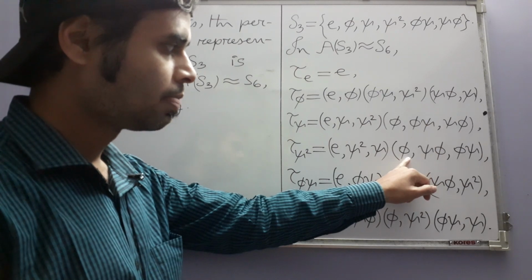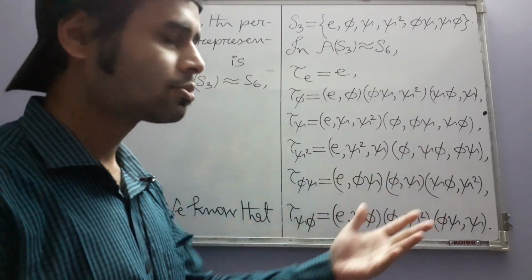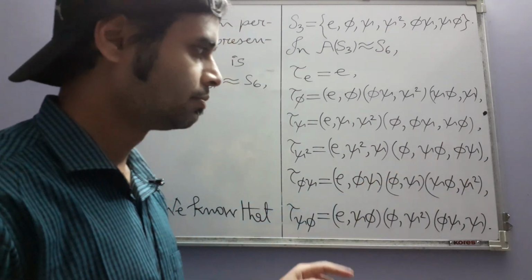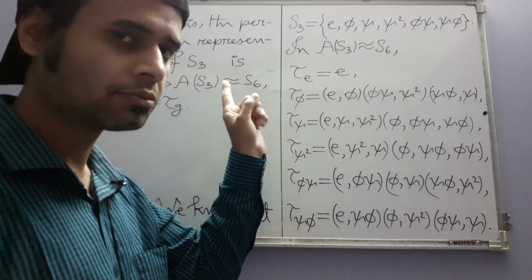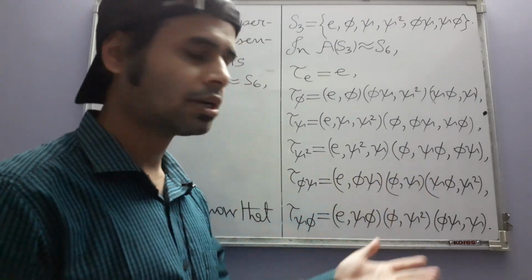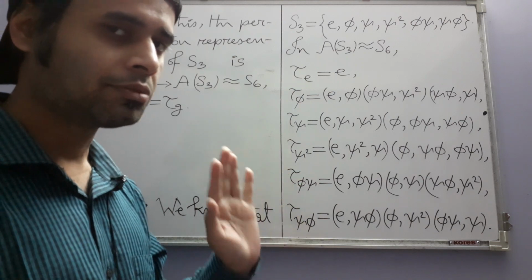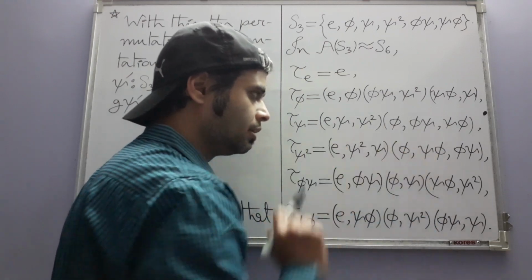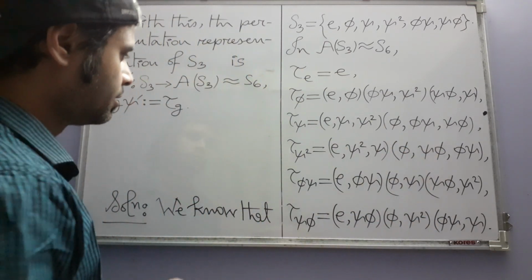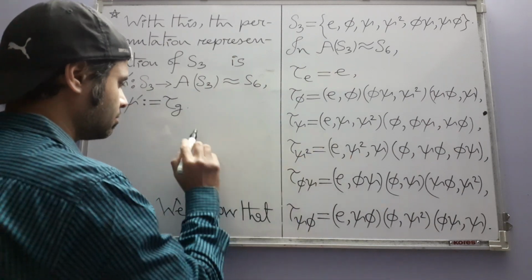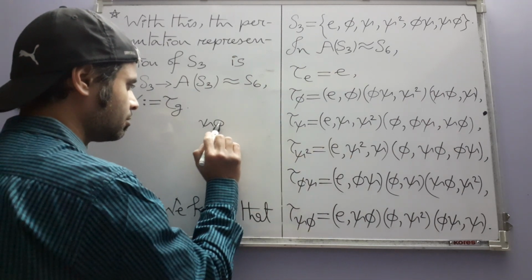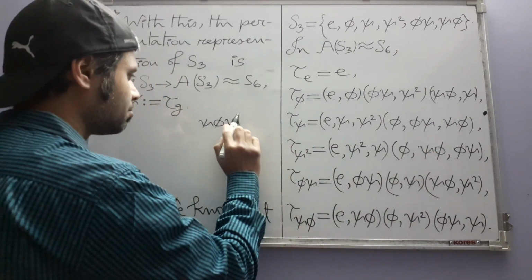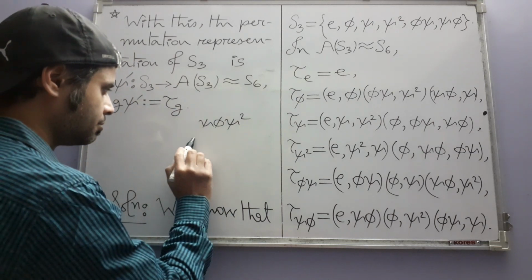Next, phi. If you multiply phi by psi square, you get phi psi square, which is equal to psi phi. You go back to that first example where S3 is introduced. There you will get these facts. We already verified these facts there, that phi psi square is equal to psi phi. So that's why we get this. Okay, now let me do one of these briefly. If I multiply this by psi square, what do I get?